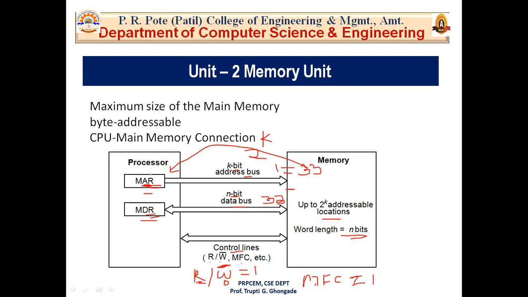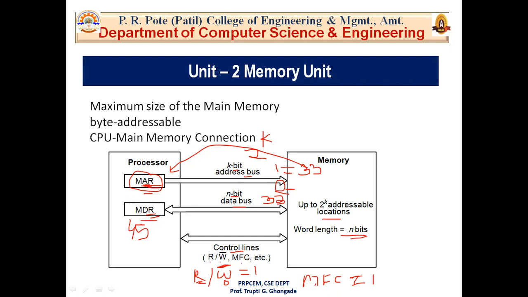Let's say the data is 45. The processor specifies the address where we have to write this 45, and puts the 45 into the MDR register.